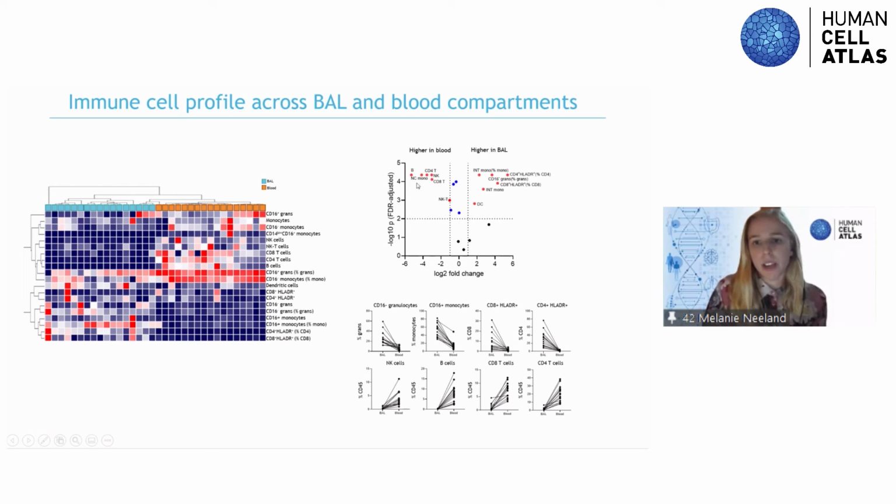In particular, this was characterized by higher proportions of cells of lymphoid origin in the blood, including B cells, CD4 and CD8 T cells, as well as NK and NKT cells, and higher proportions of innate cells, including CD16 expressing monocytes, granulocytes, and dendritic cells in the BAL compared to blood. And this was quite consistent in each individual, as shown underneath here in the line plots.